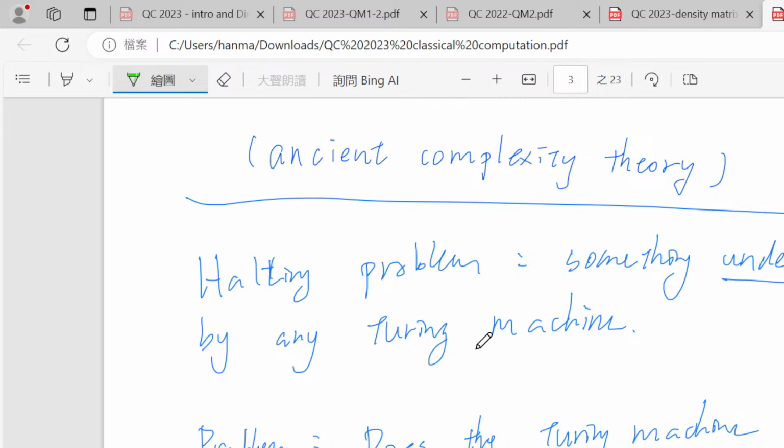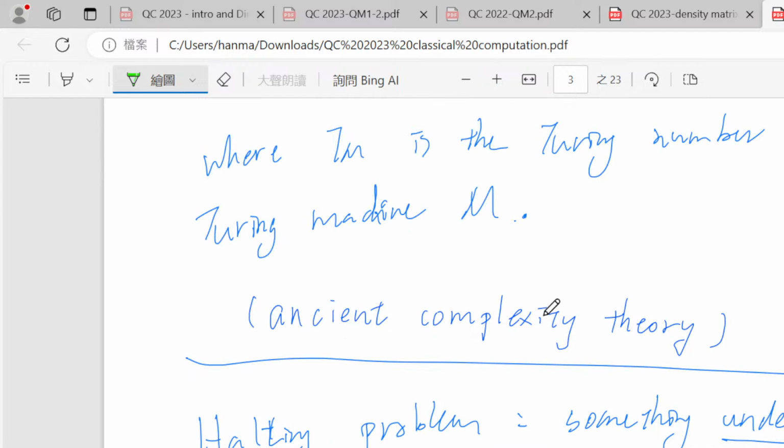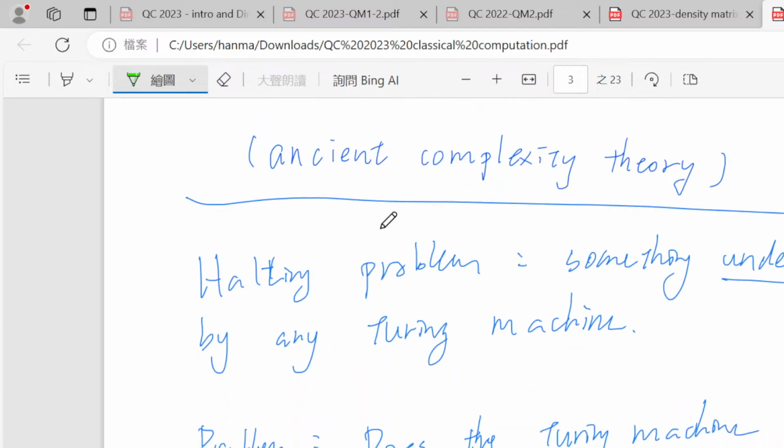But the first thing people want to ask when they think about Turing machines is, can a Turing machine compute everything? And the truth is the answer is actually no. There is something that cannot be, I guess. Okay, so it's a little fuzzy here, but let's just say something is undecidable by a Turing machine.